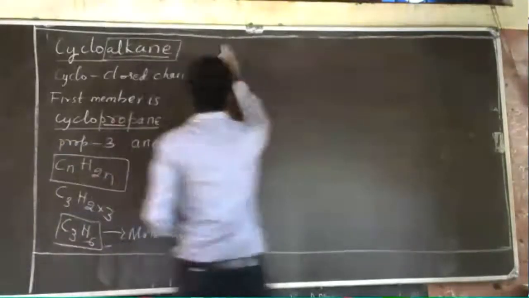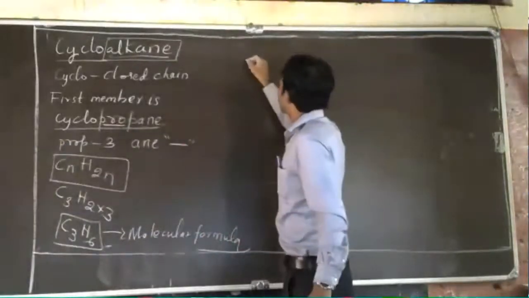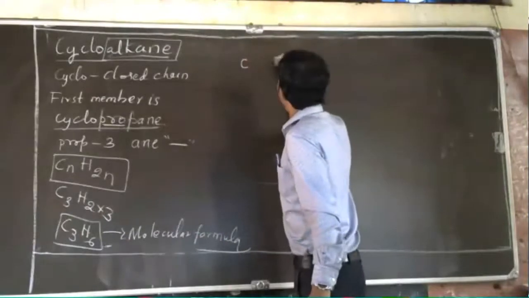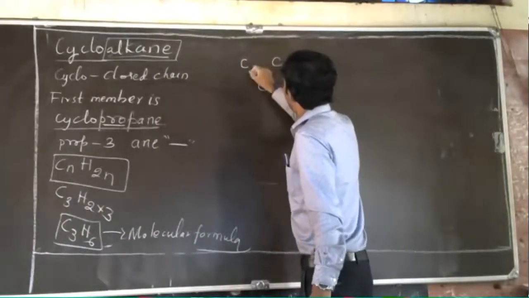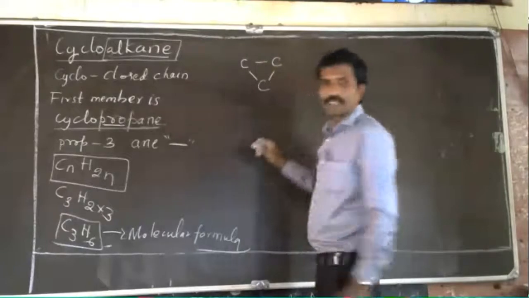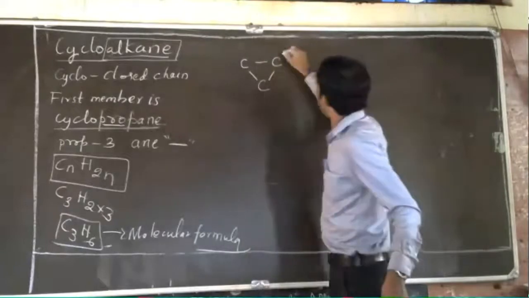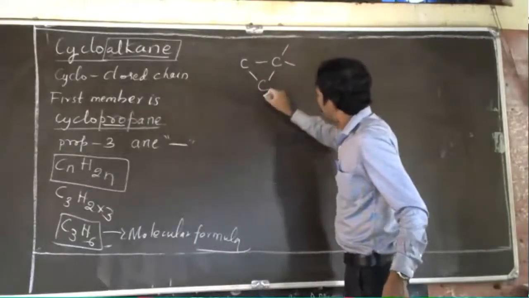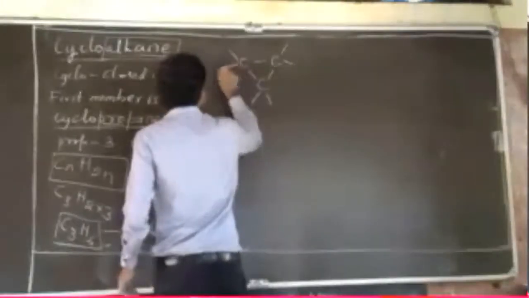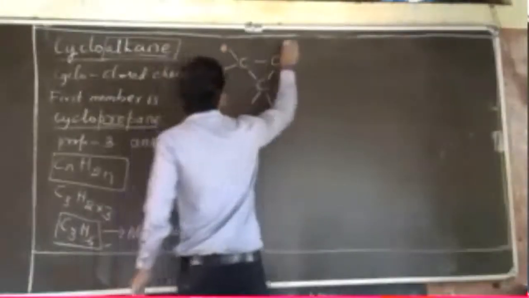And we will write the structure for this. There will be 3 carbons and 6 hydrogens. 1 hydrogen here, 1 hydrogen here, and so on. 6 hydrogens will be there.